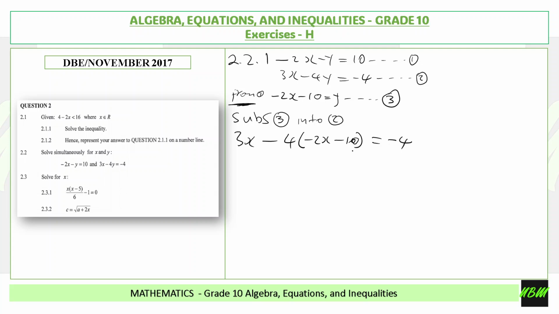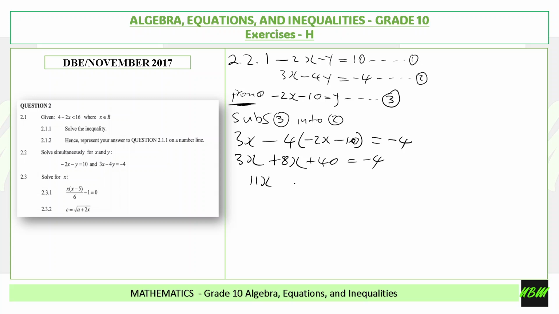Then we solve for x. 3x, multiply out the bracket, -4 times -2x is 8x, -4 times -10 will be +40 is equals to -4. Then on the left hand side, collect the like terms, 3x plus 8x, 11x.